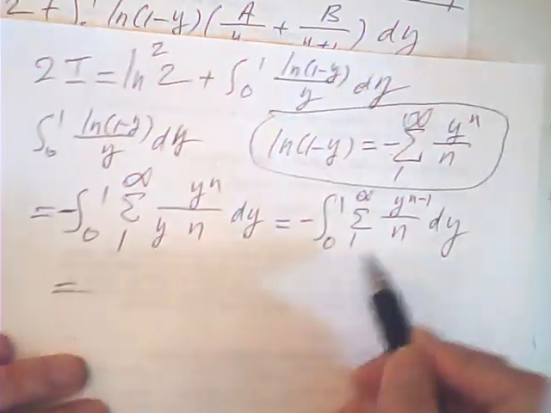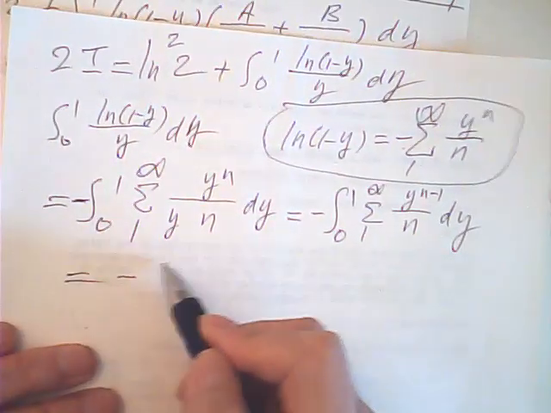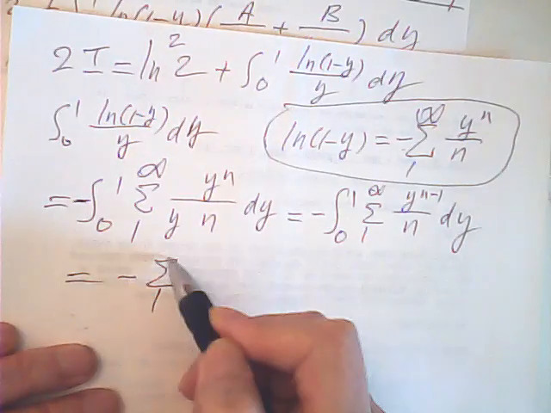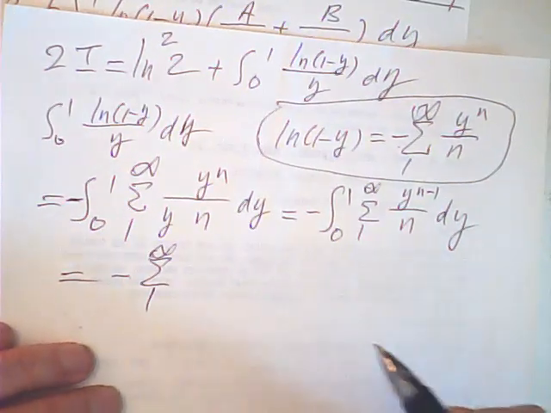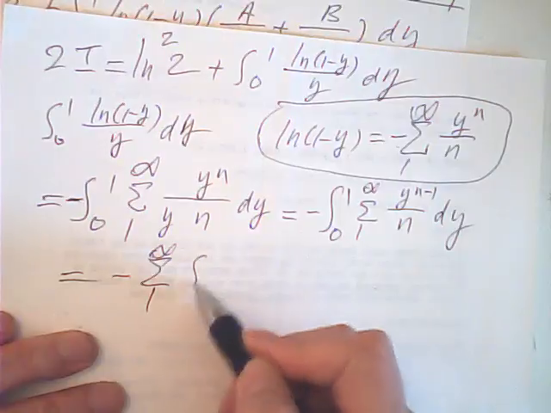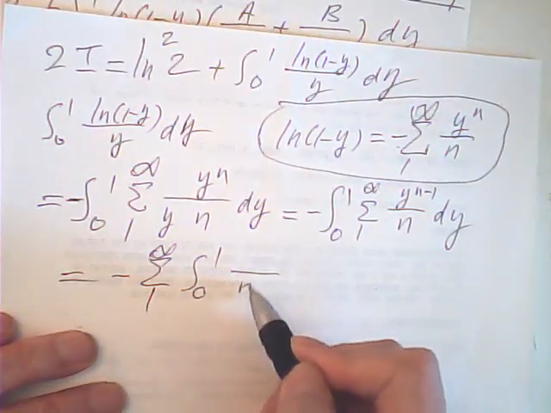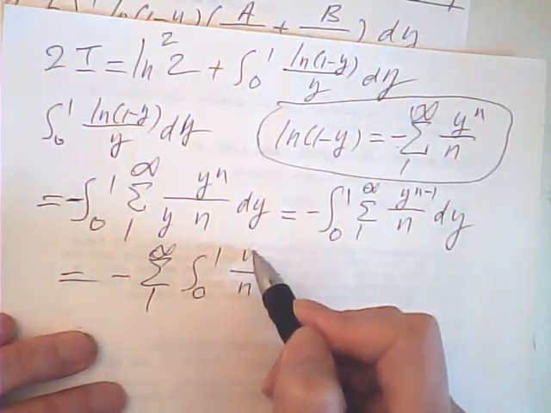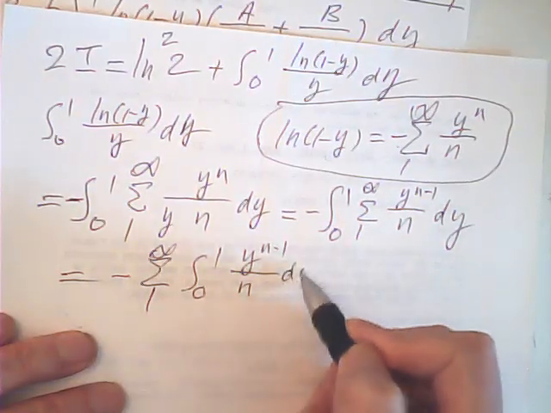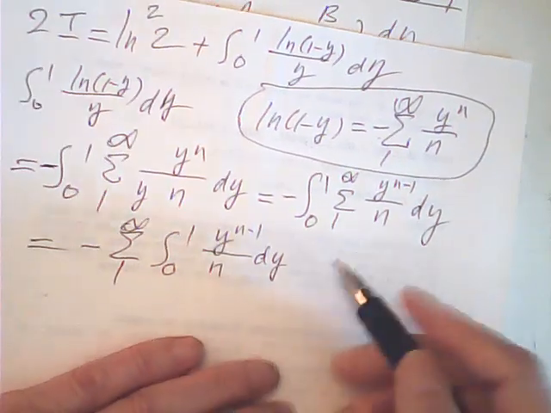So we can switch the operator. So it becomes negative sigma n equals 1 to infinity, and the integral from 0 to 1 of y^(n-1) over n dy. So that integral can be done.